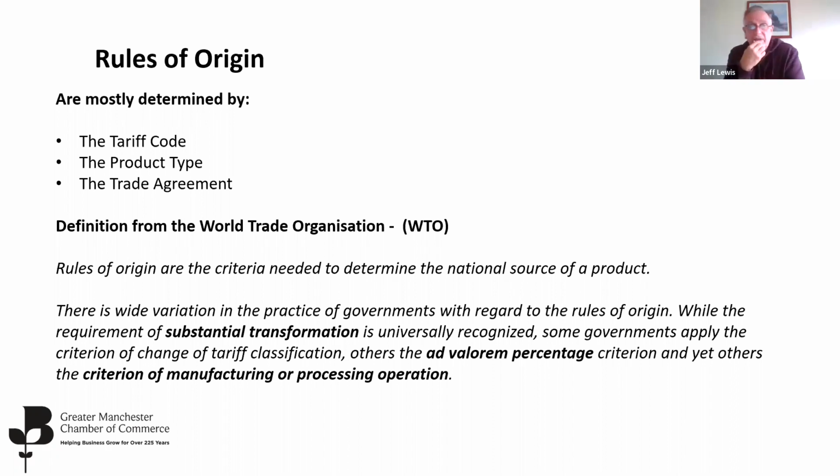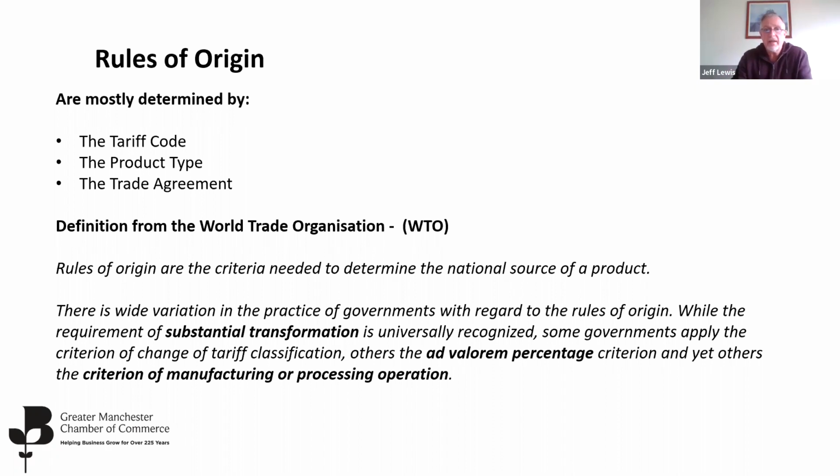So what different countries do is they accumulate these rules and regulations, and they add them together based on the World Trade Organization guidelines. So sufficient transformation is something that's very prevalent in these trade agreements. So you will see that in a lot of them.